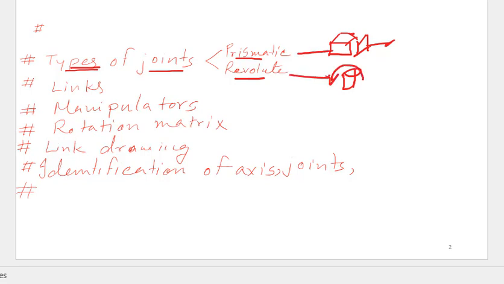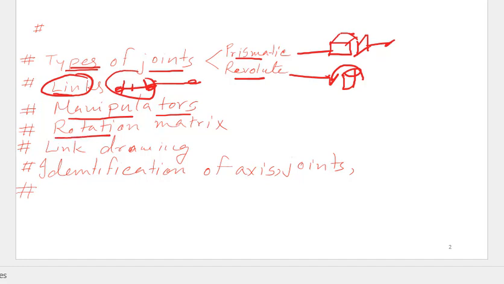And links: whatever the prismatic and revolute joints attach to is the link. Here is the link length, and the links all together are called the manipulator. And the rotational matrix: when the manipulator rotates or moves angularly, we can say that is the rotational matrix.